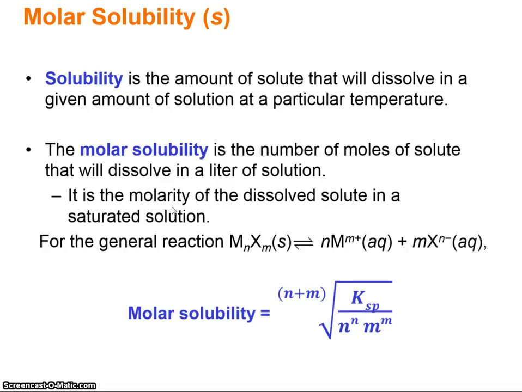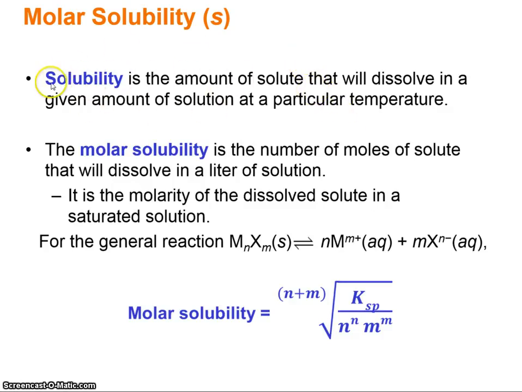Now, there are two terms that we need to straighten out. One is solubility. Solubility is the amount of solute that will dissolve in a given amount of solution at a particular temperature. This is usually given in grams per something, oftentimes grams per 100 milliliters. Check your units.